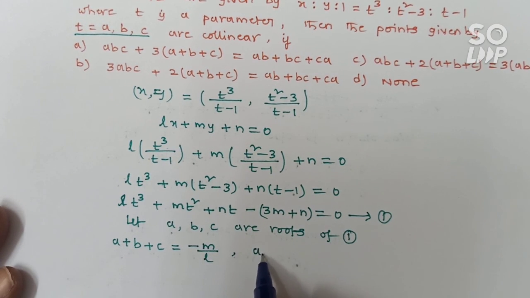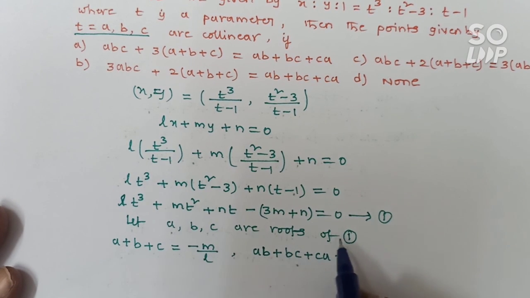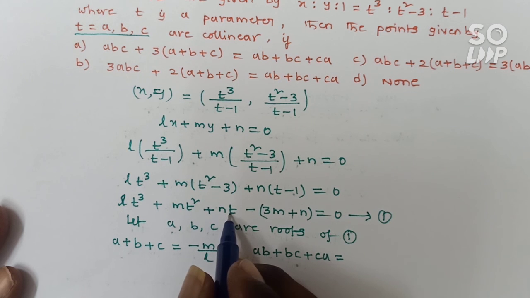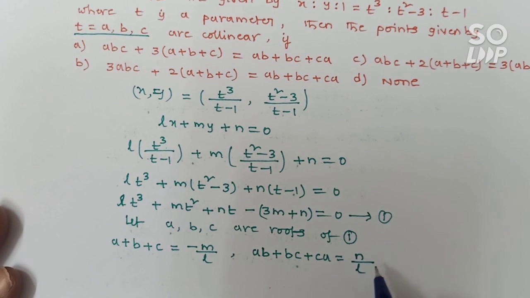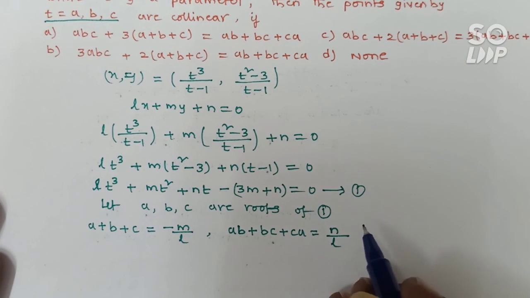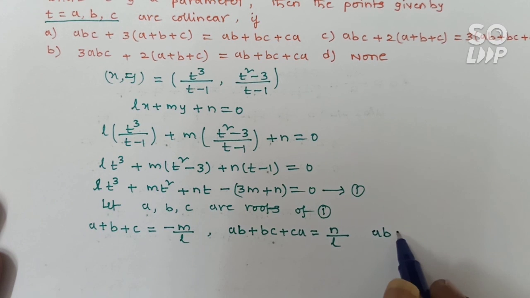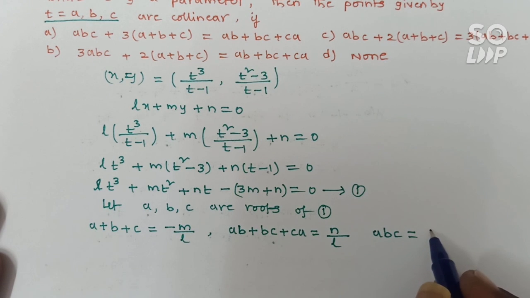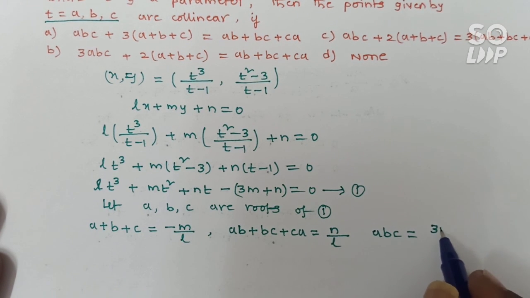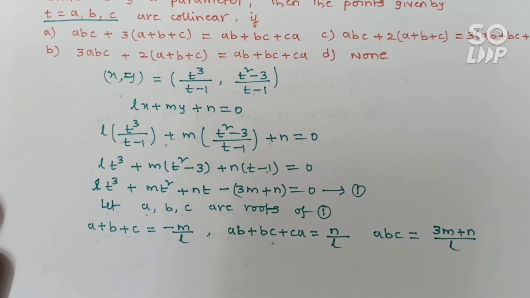Next, the sum of the product of two roots, a into b plus b into c plus c into a, is equal to the coefficient of t whole divided by the coefficient of t cube, that is n by L. And next, the product of the roots, a into b into c, is equal to minus of the constant, minus of minus, that is 3m plus n whole divided by L. So these are all the values.